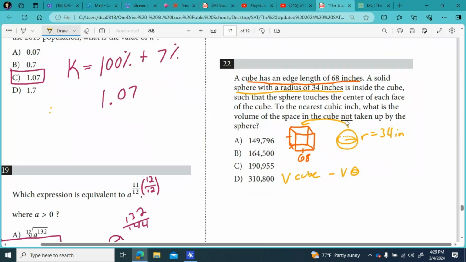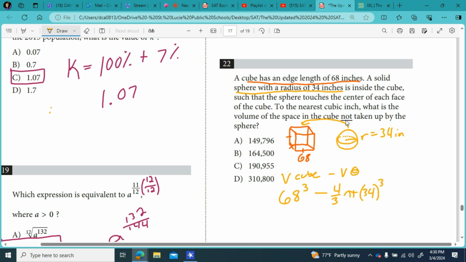So my volume of my cube is length times width times height, which is 68 to the power of 3. Take away the volume of the sphere, which we said was 4/3 pi times the radius, 34 cubed, just like this.